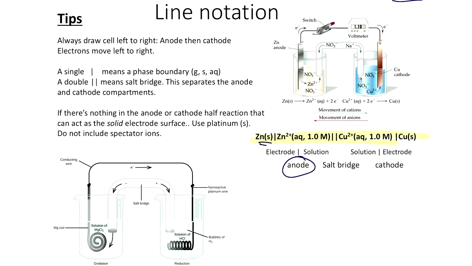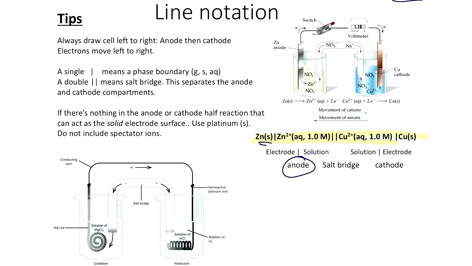Then you want to tell what bath it's swimming in, and you want to separate it by a single phase boundary. That's what that single line means. You want to put that between anything that's a different phase. Because it's a solid going to aqueous, you put a single line. Zinc 2+ is aqueous. We also typically want to say the concentration, so in this case it's 1 molarity. So this is the entire anode compartment.